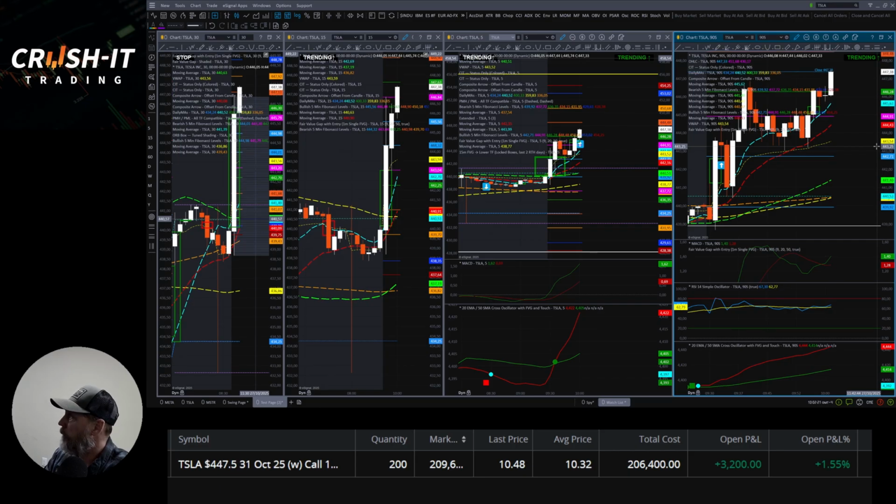There we go. What takes him off there? Get your green and be done, and then let your trailers run. Get your green and be done here on Tesla and let your trailers run.